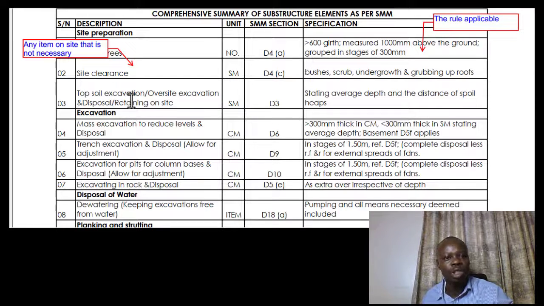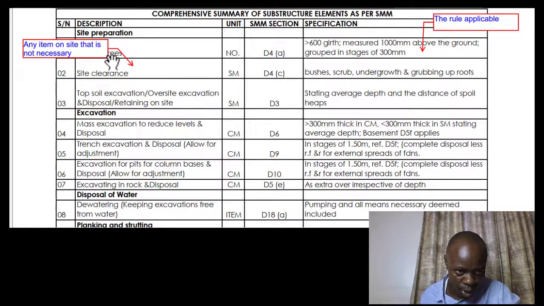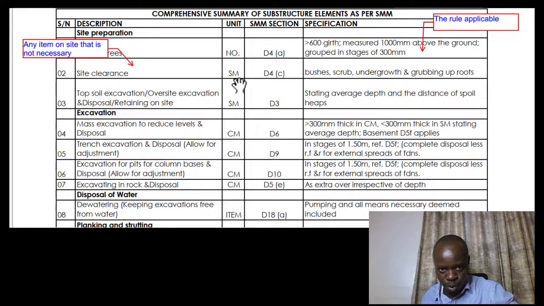Any item that you need to remove from the site, that is what is meant by site clearance. Of course, we know that it's done in square meters. We need now to see on that particular site what it is that you need to work on. So let's continue.